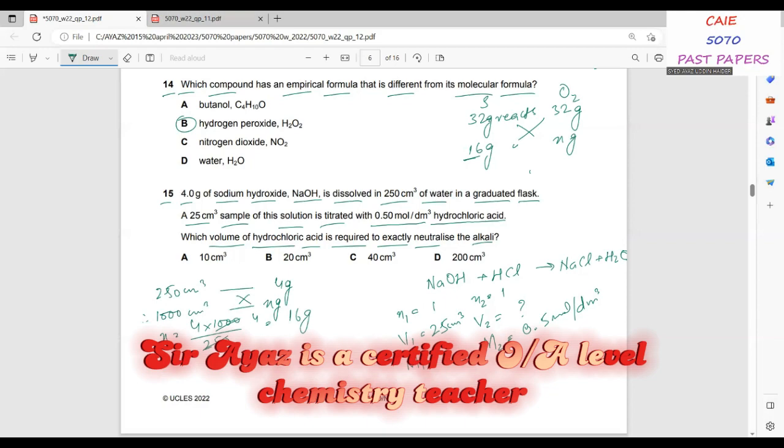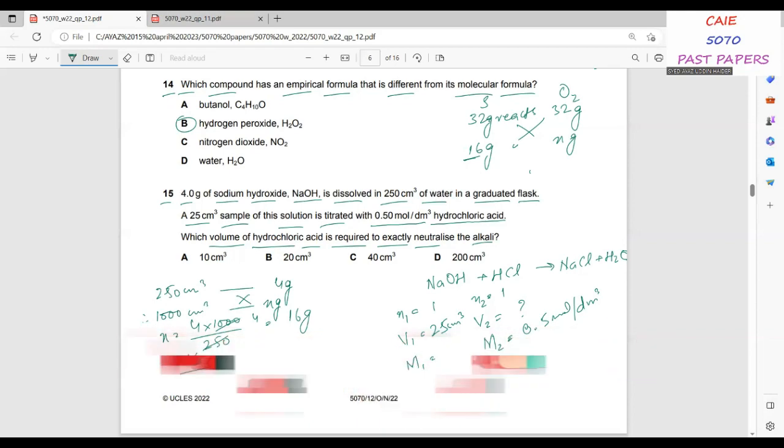I want to calculate the moles of sodium hydroxide needed to make a mol per dm3 solution. So 16 grams will be divided by the MR of NaOH. The AR of Na is 23, oxygen is 16, hydrogen is 1. So you'll have 40.